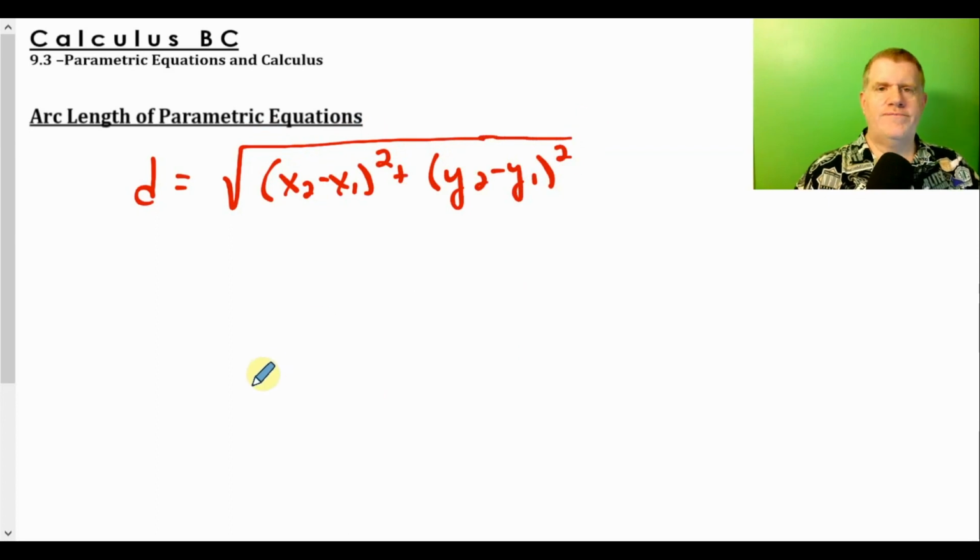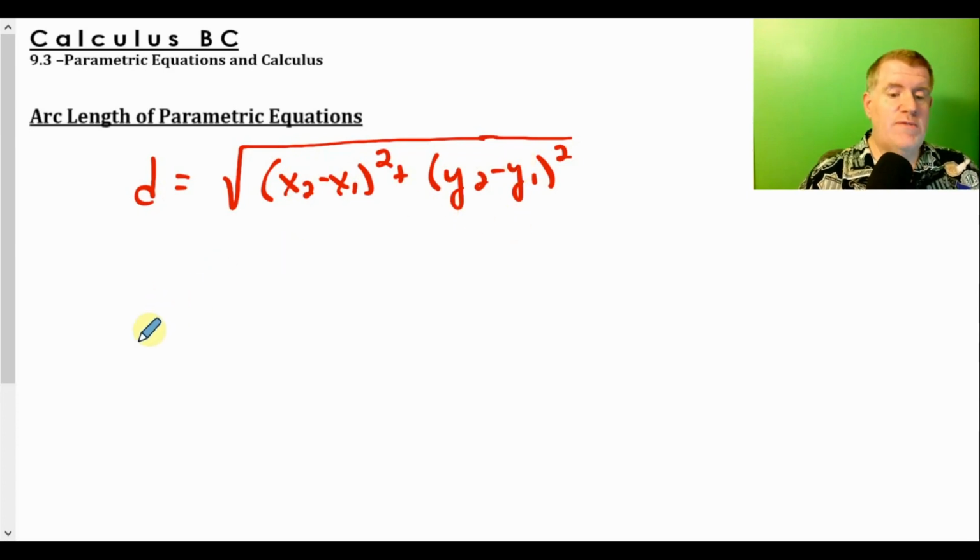Change of x, change of y. That's really all that it was, wasn't it? How did the x's change? This was the distance of a straight line. The x's changed, how the y's changed, and it's the Pythagorean theorem.